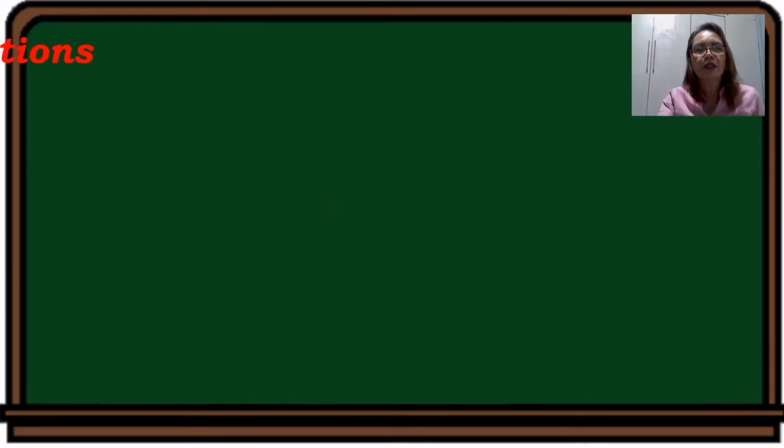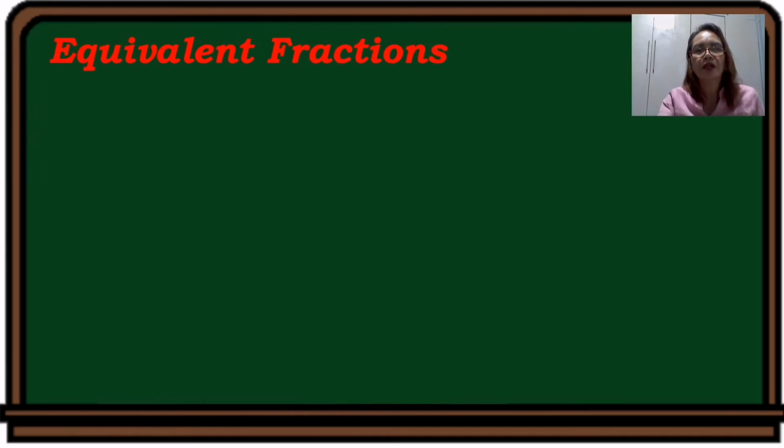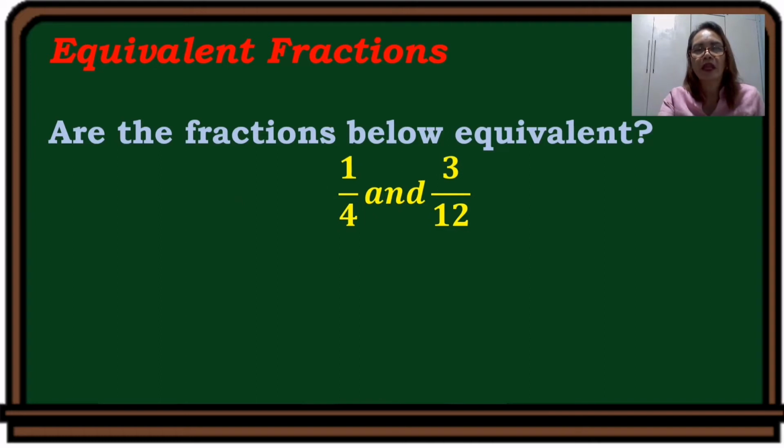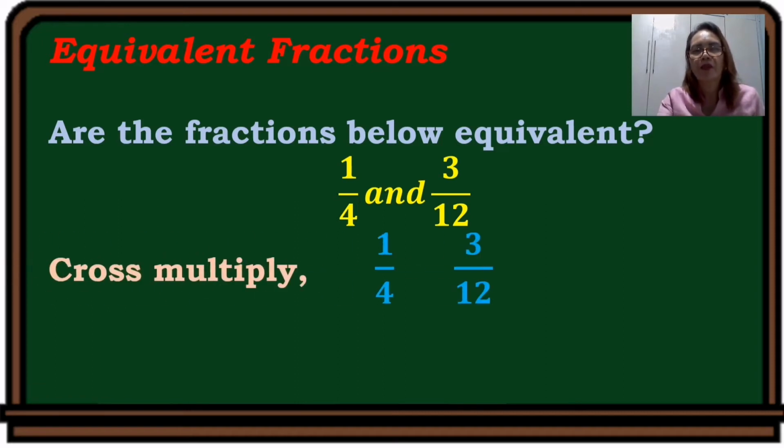Okay, let's try to have this example, equivalent fractions. Are the fractions below equivalent, 1/4 and 3/12? How are we going to know if these two fractions are equal? We are going to use the cross multiplication method. Very good. So we will cross multiply 1/4 and 3/12.